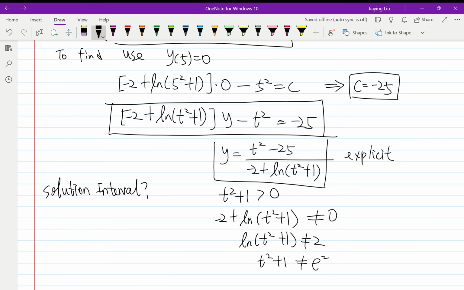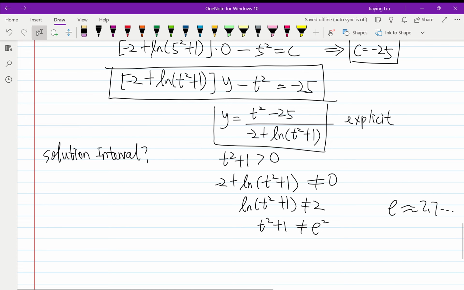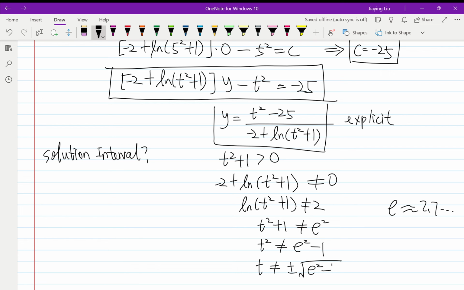You probably remember that e is around 2.7. e² is a little bit less than 9. And then minus 1, so t² cannot equal e² minus 1, and then t cannot equal plus or minus the square root of e² minus 1.